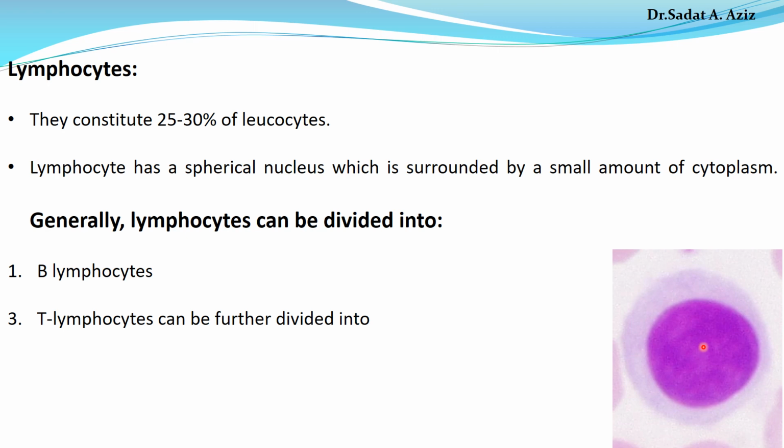Generally, lymphocytes can be divided into two main groups. The first one is called B lymphocytes, and the second one is called T lymphocytes. We have different types of T lymphocytes, but I removed this, so I forgot to remove this bit. It can be further divided, but I just removed it to save time.